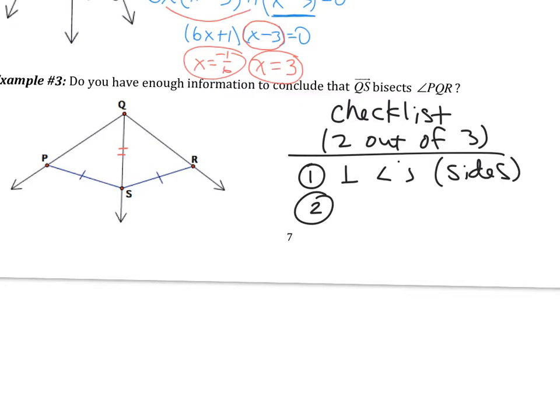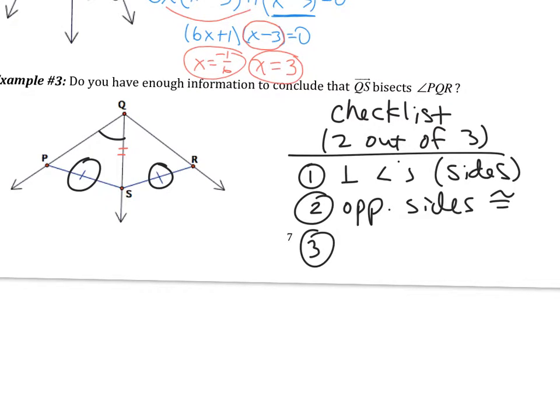Number 2, you need the opposite sides congruent, and that means the sides opposite the angles. So that's like PS and SR. Number 3, you need the bisected angles marked congruent.